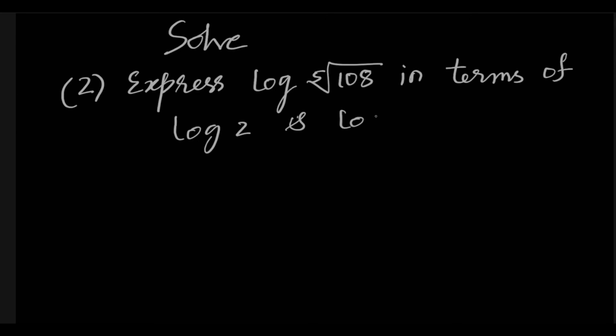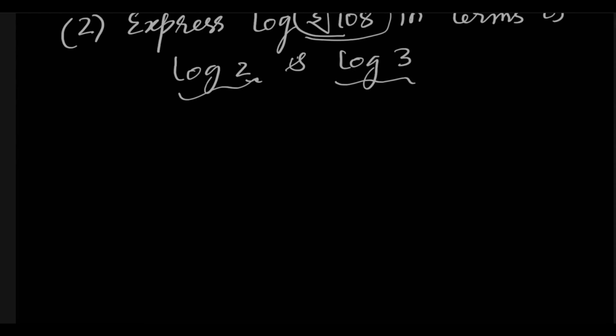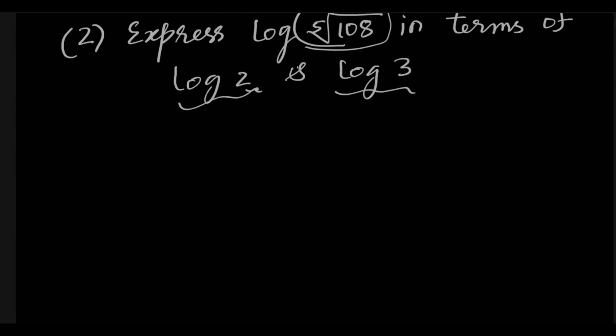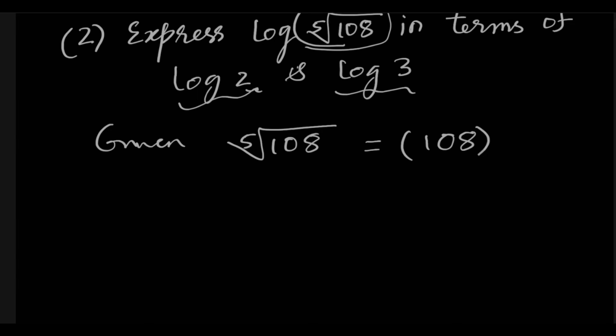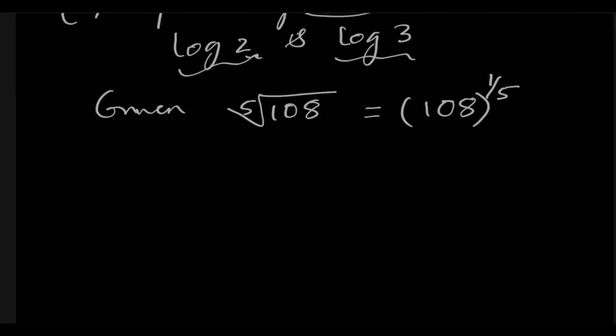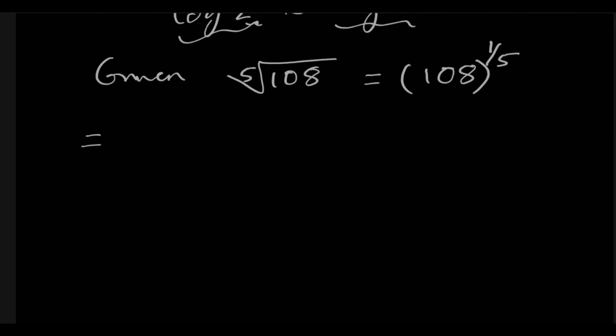So we have to express this number in terms of these two numbers. Let us see how we can do that. The given number is the fifth root of 108. How can you write this? This is equal to 108 to the power 1 by 5. So this is the exponential form of the number.